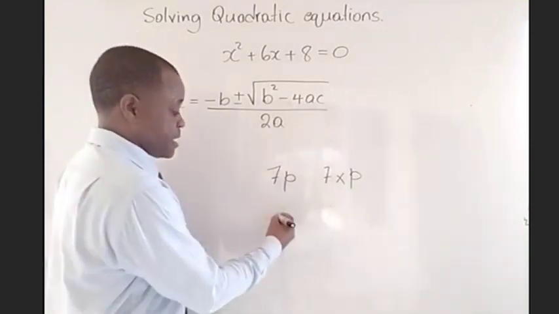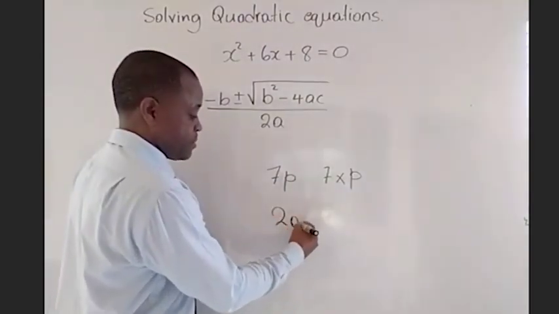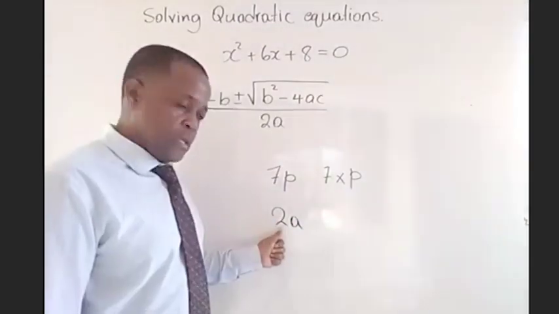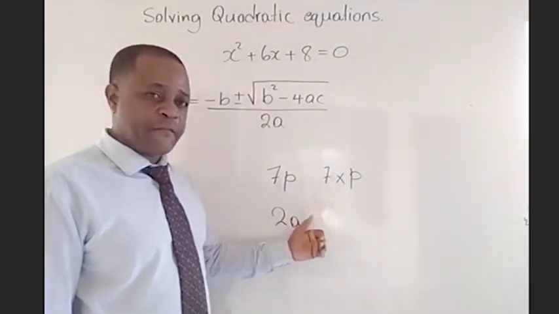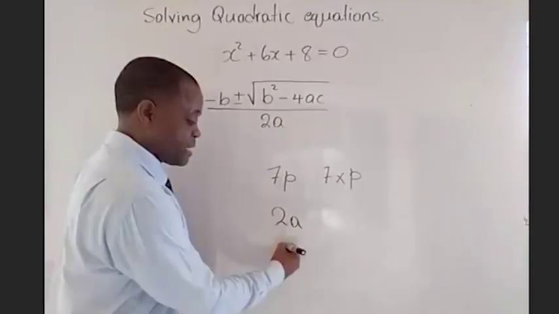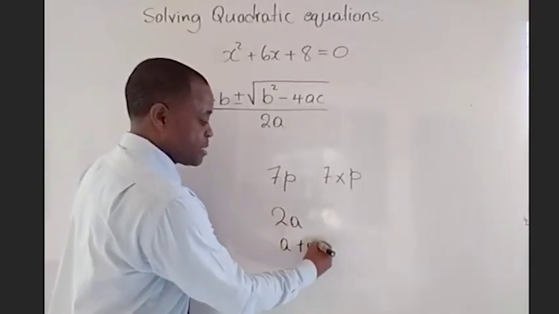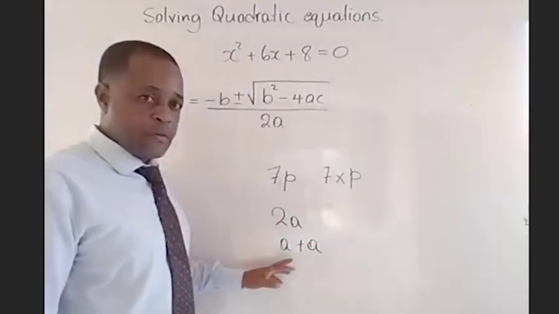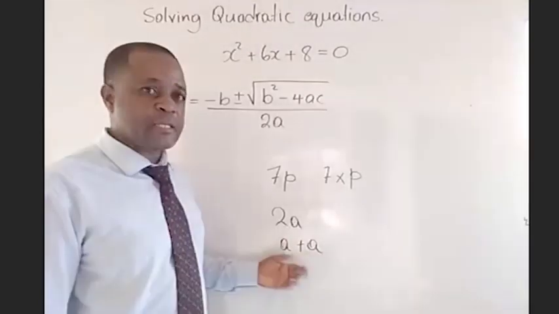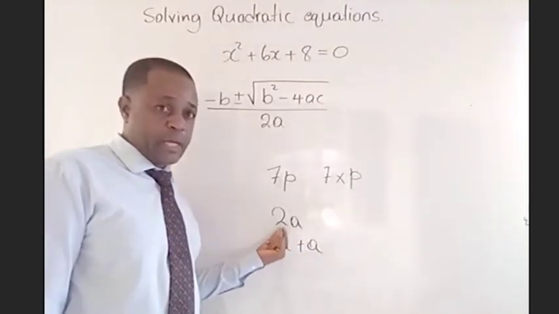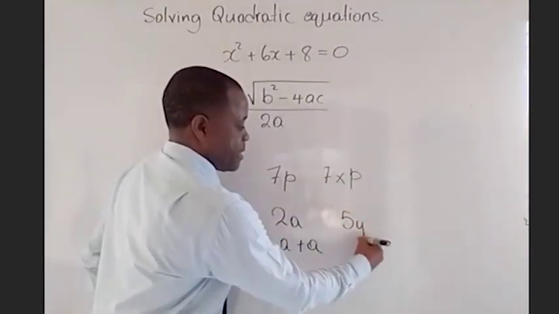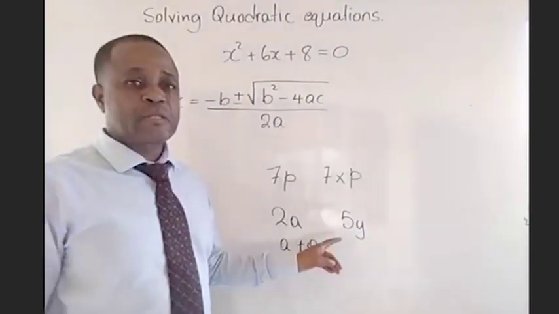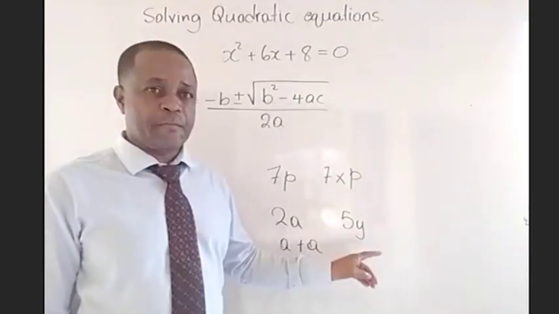If I put 2a, the numerical coefficient of 2 is telling us that we have 2 a's. So we could even write it as a plus a, and we know that repeated addition is the same thing as multiplication. If I write down 5y, then that is telling us that we have 5 y's up there.